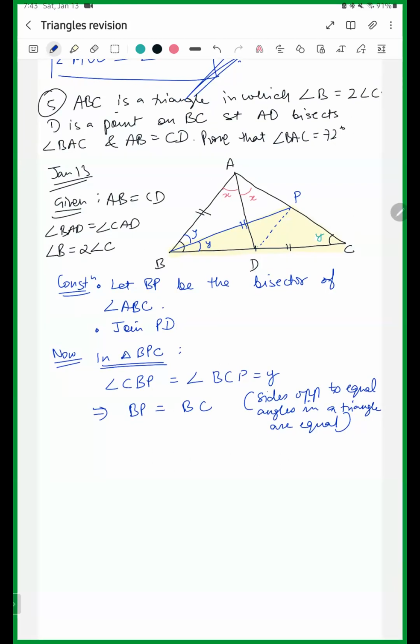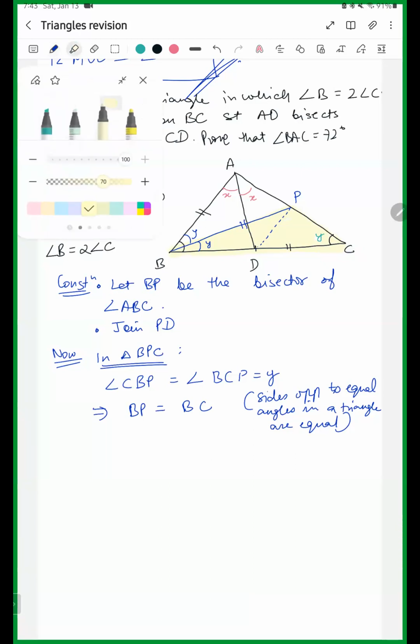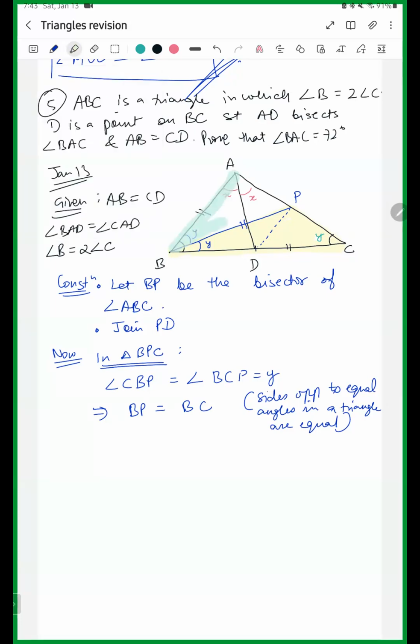Now let's look at the above triangle, triangle ABP.